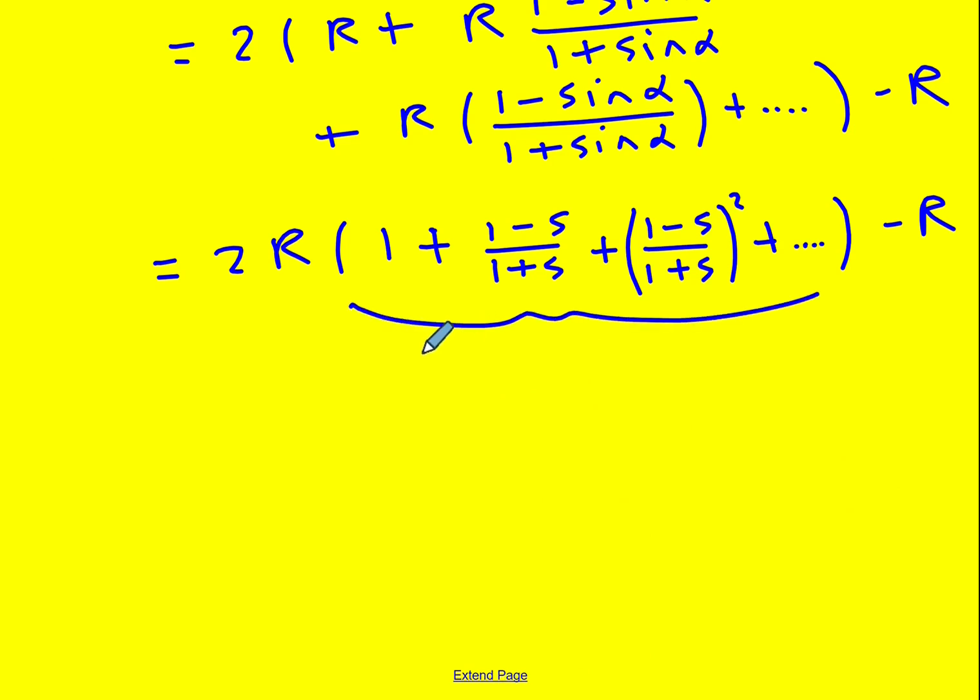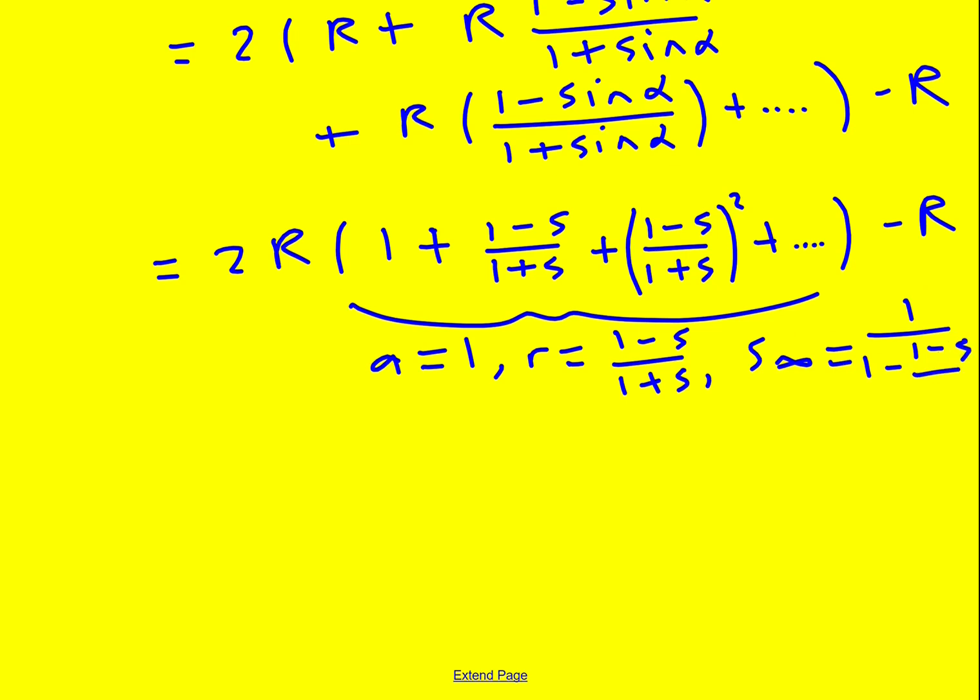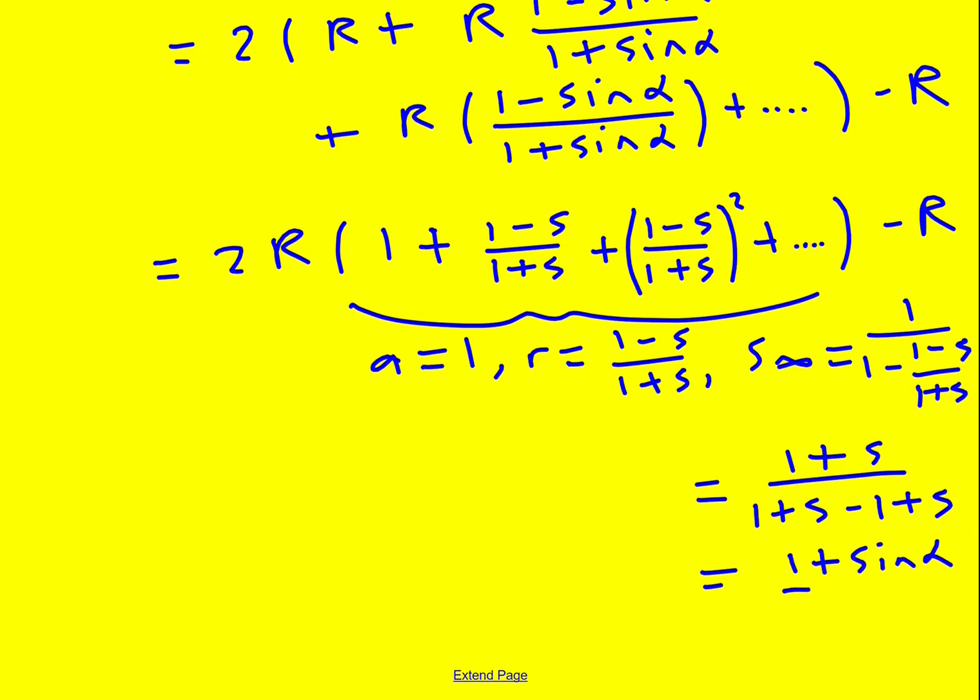Okay, we've got another infinite geometric series. A is 1, R this time is 1 minus S over 1 plus S. So that means the sum to infinity is 1 over 1 minus S over 1 plus S, times through by 1 plus S. And I think we've got 1 plus sine alpha over 2 sine alpha.